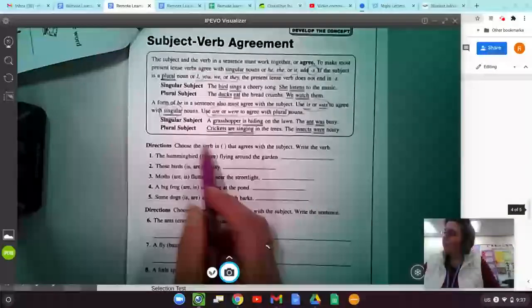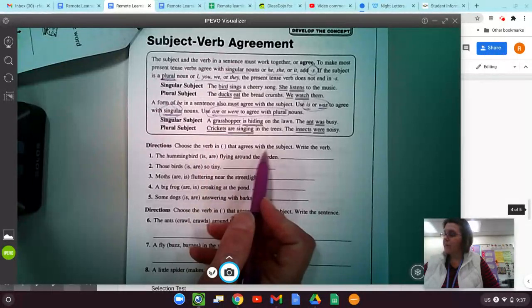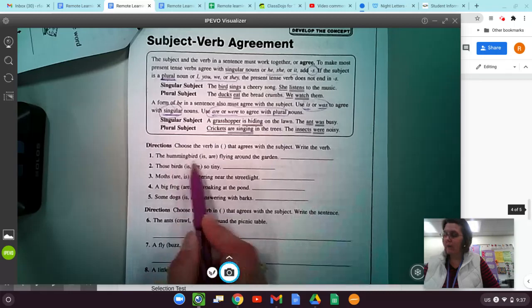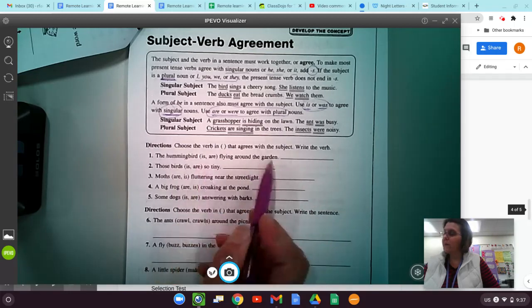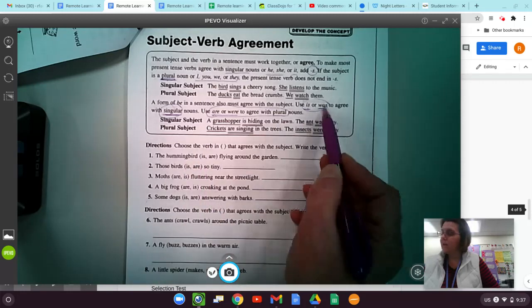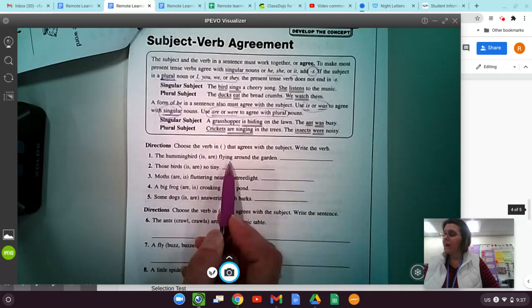So let's take a look. Choose the verb in the parentheses that agrees with the subject. Write the verb. So the hummingbird, that's singular, is or are, flying around the garden. So if this is singular, we need is or was. Is. The hummingbird is flying around the garden. That sounds right.